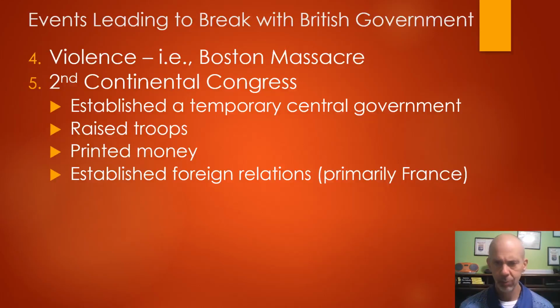Really, when you think about it, there's only one country you're talking about, that's France, and that's one thing we'll be talking about a little bit later. Britain was on the verge of war with France at this time. And there's an old saying, the enemy of your enemy is your friend. So the Second Continental Congress attempted to establish relations with France to receive some sort of aid.